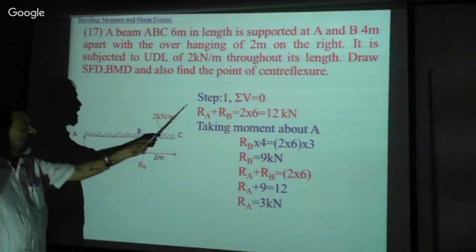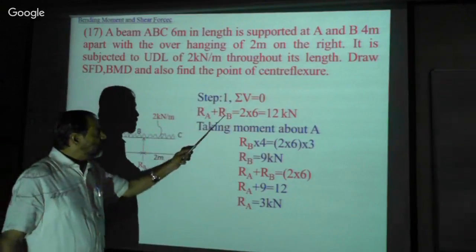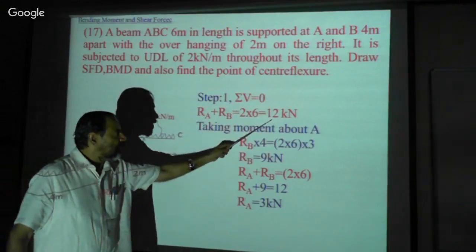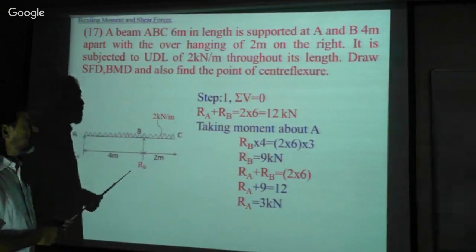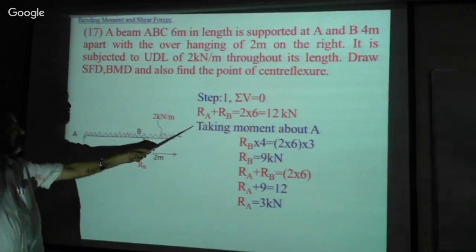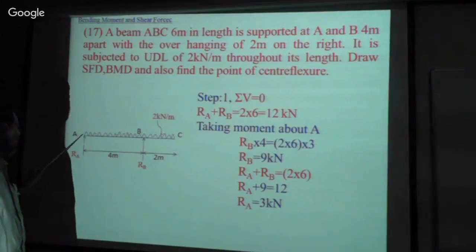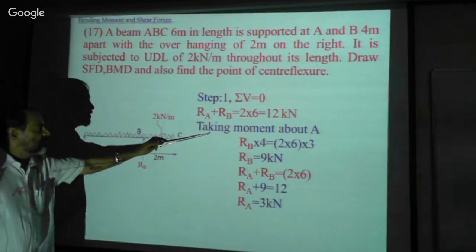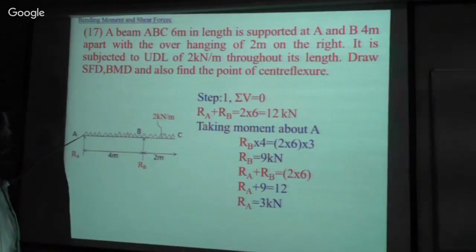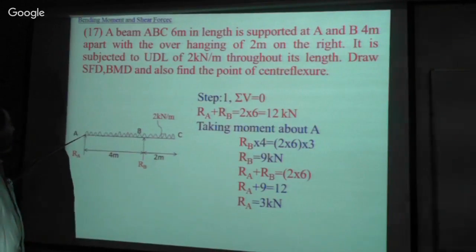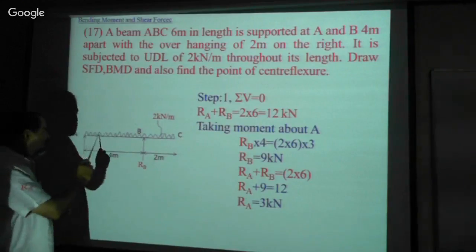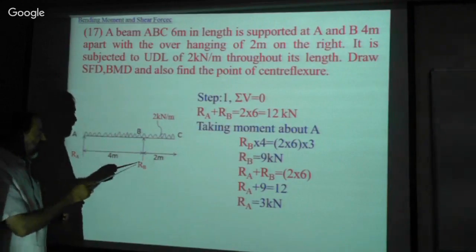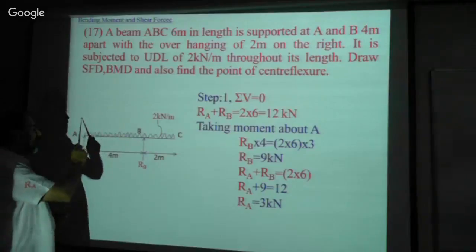Now we have one equation, RA plus RB is equal to 12 kilonewton, and two unknowns. Therefore, let us take the third condition of equilibrium, sigma MA is equal to 0, that is taking moment about A. This force creates a clockwise moment and this reaction creates an anti-clockwise moment.